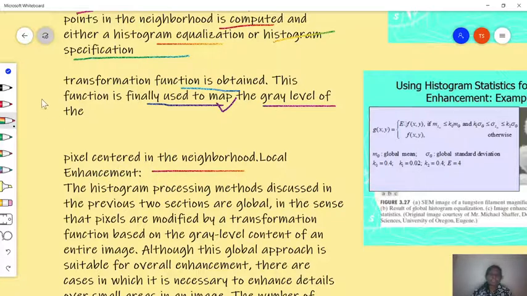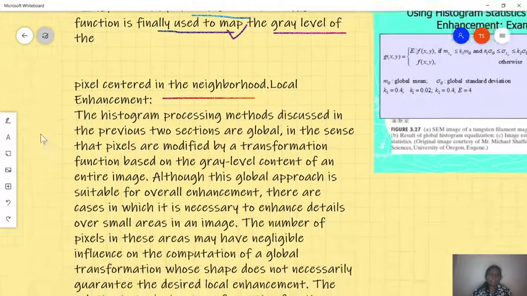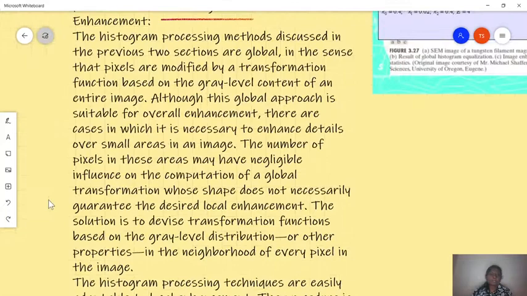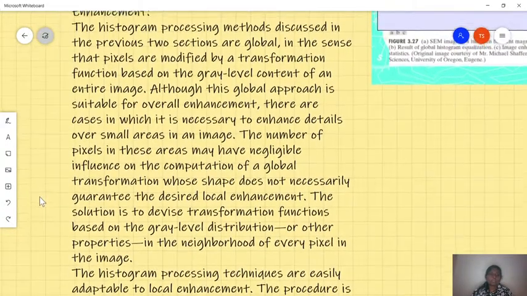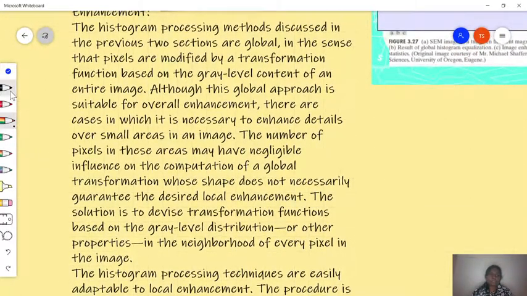This is nothing but the local histogram processing, and in this method, previously we used the two global methods, histogram equalization and the specification. So with that we modified a transformation function.